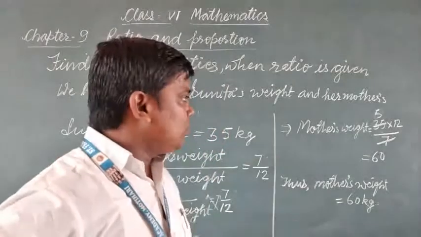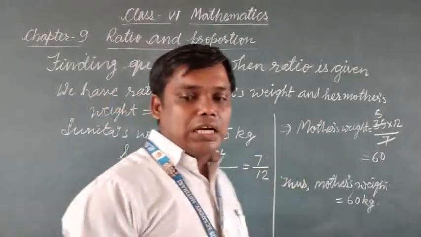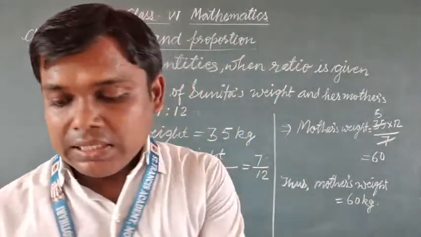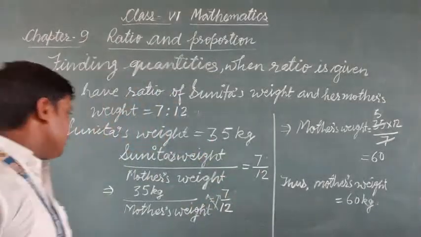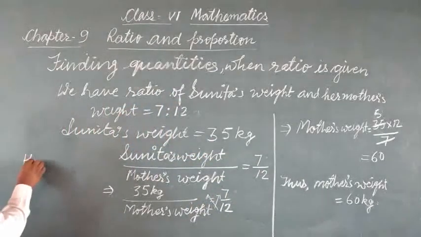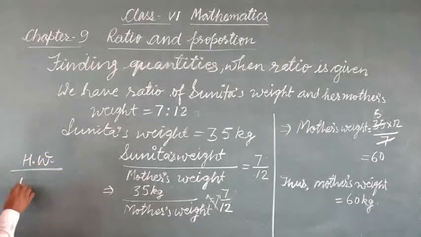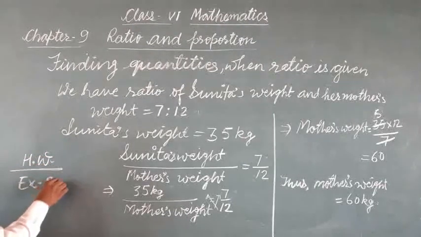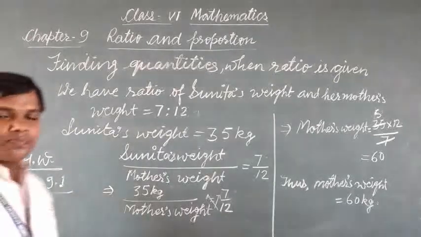Answer. This is how you calculate the quantity when the ratio is given. Your homework will be exercise 9.1. Thank you.